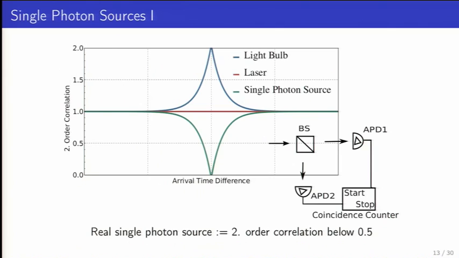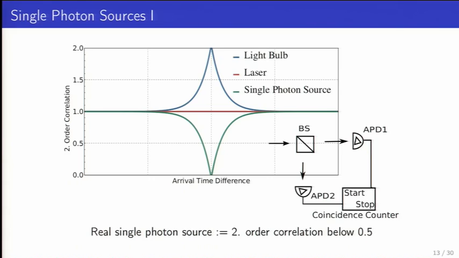What are single photon sources? Single photon sources can be characterized by an experiment you see down below. So you take the photons of your light source, put it here in the beam splitter.